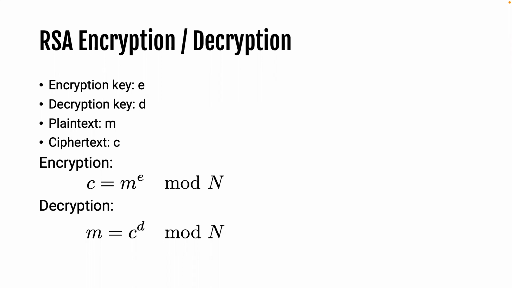And then decryption works in the same way, but instead of M to the E, which uses the plaintext with the encryption key, you take the ciphertext C and compute C to the D mod N, where D is the decryption key. So it's also fairly easy. It's a very symmetric way to encrypt and decrypt. It's just a difference of what is the base and what is the exponent here.